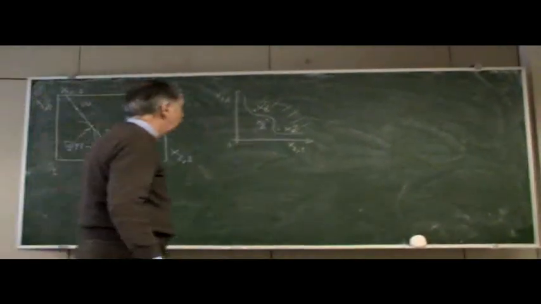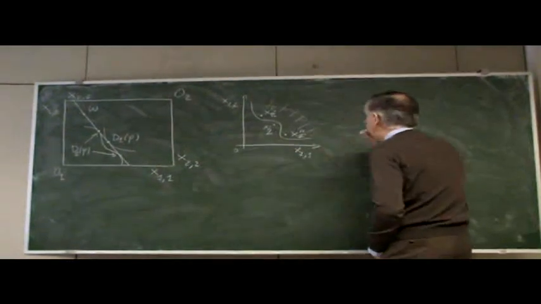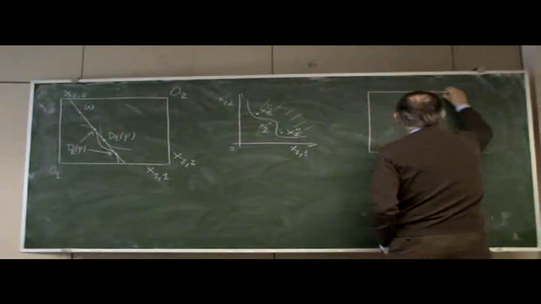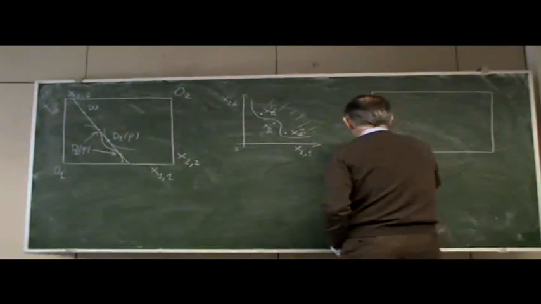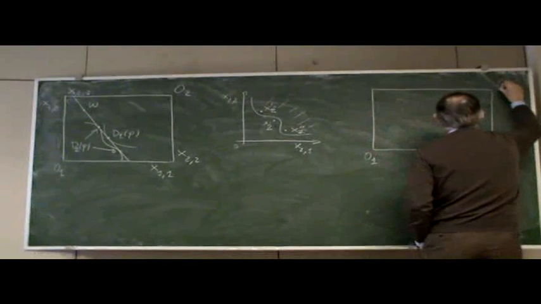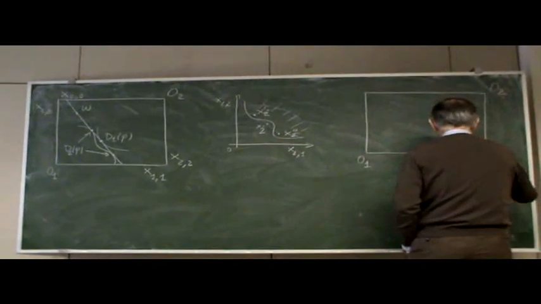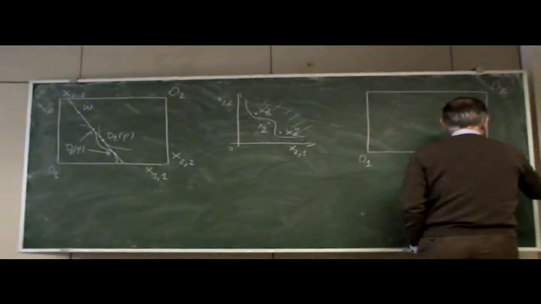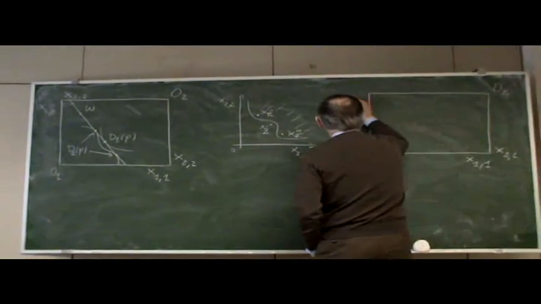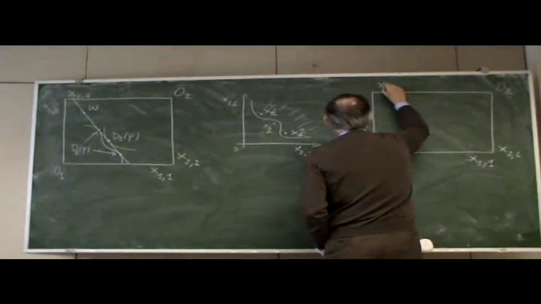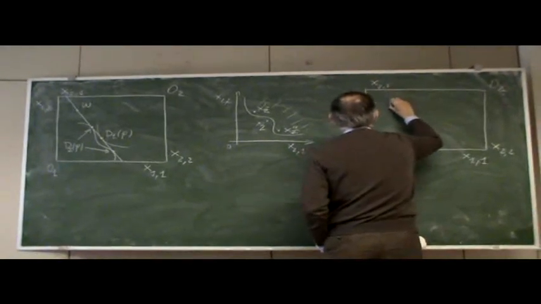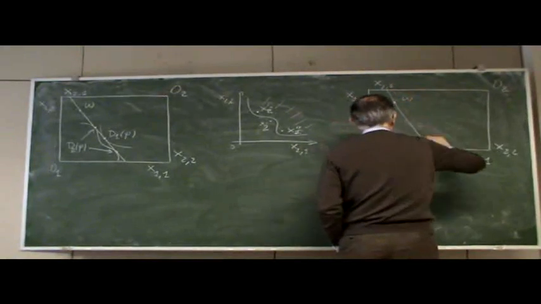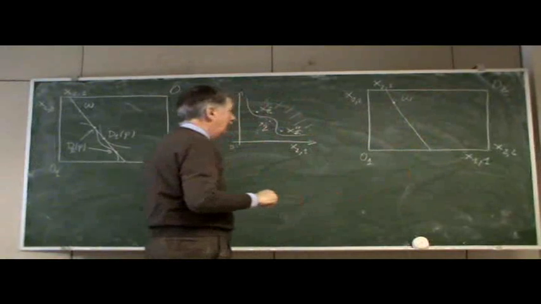Another case of inexistence of equilibrium. This is omega, as before. Here there is the common budget line.